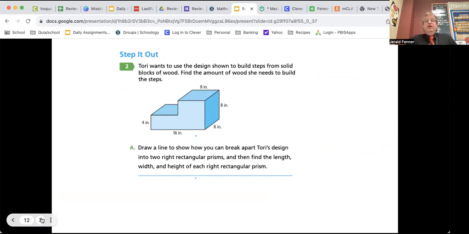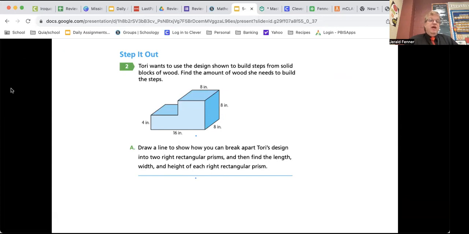Tori wants to use the design shown to build steps from solid blocks of wood. Find the amount of wood she needs to build the steps. Well, I was just taking a sneak peek of how I divided it, and it says draw a line to show how to break apart Tori's design into two right rectangular prisms, and then find the length, width, and height of each rectangular prism.